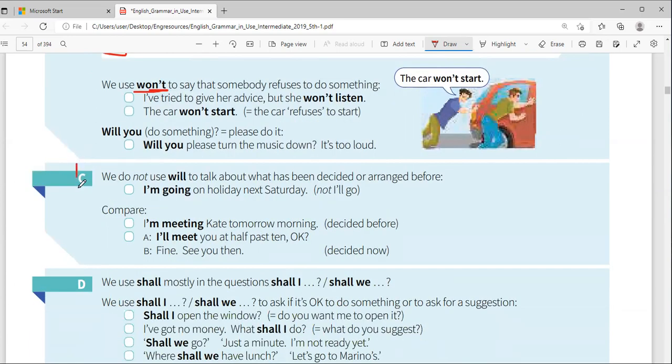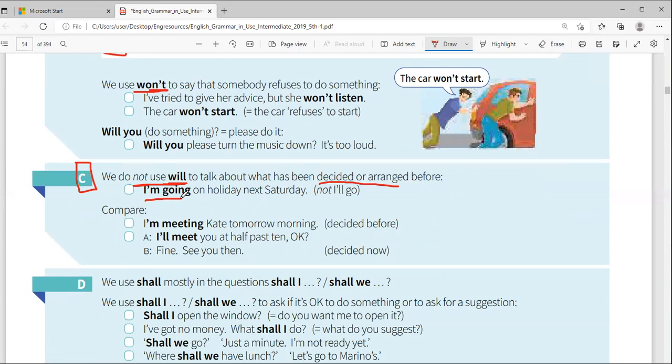Remember, part C is just telling us the same thing, that we do not use will. Just reminding you, please don't use will to talk about what has been decided or arranged before. Like I told you, whatever decision was made even before now, what do we normally use? We use, I am going on holiday next Saturday.